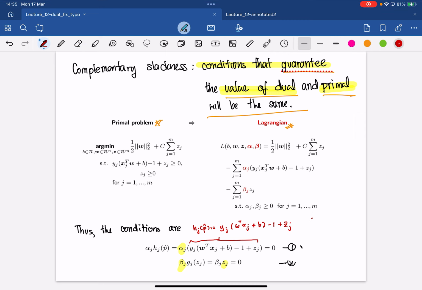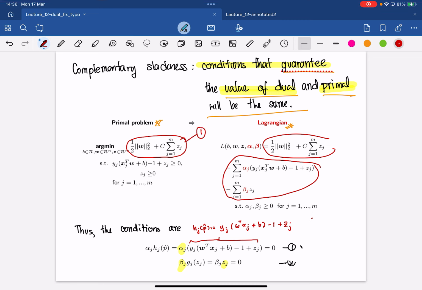So firstly, if we look at the primal objective function, we have these two terms. In the Lagrangian, we have these two terms plus the rest. The complementary slackness is the condition in which it gives the value of this primal objective function to be the same as the Lagrangian.